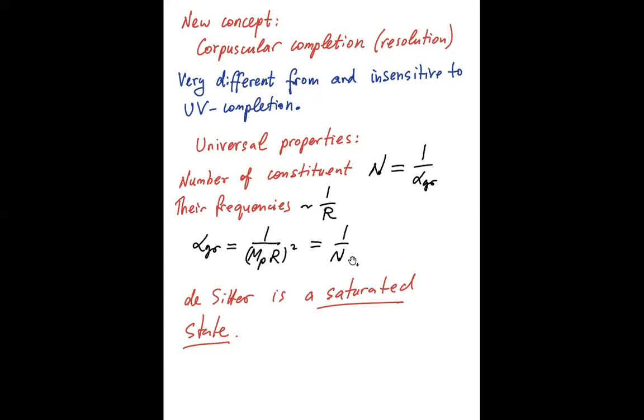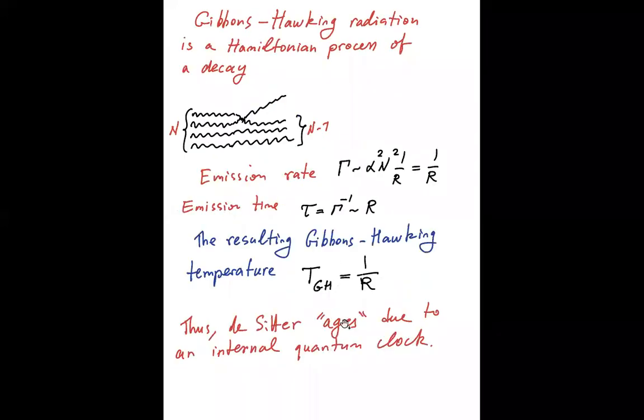So we get the following relation: the couplings are given by 1 over N, and 1 over entropy. Such states we call saturated states. This tells us that de Sitter is an example of a saturated, critical state. In other words, a state for which the number of constituents is given by the inverse quantum coupling of those constituents, and is equal to the entropy, as you can see very clearly from here. And this has extremely important consequences.